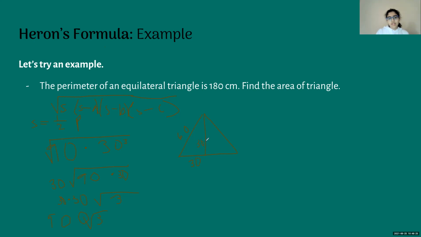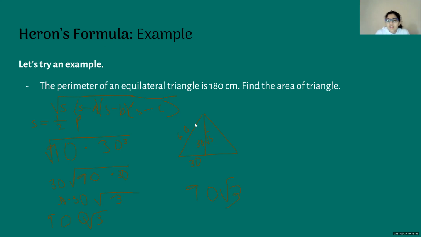So the height would be 30 radical 3 and the base would be 60, and then we divide by 2. So 30 radical 3 times 60 is 1800 radical 3, and divided by 2, we'd get 900 radical 3. So that means this works for equilateral triangles also.